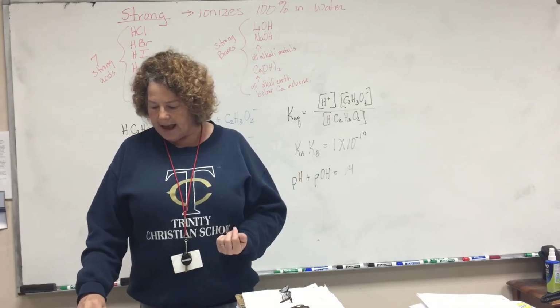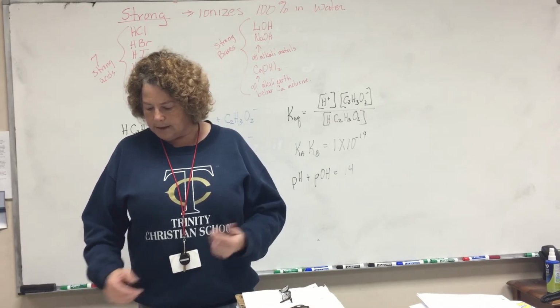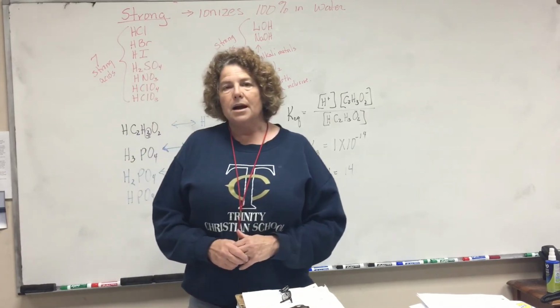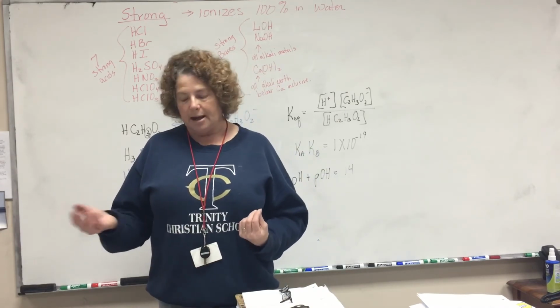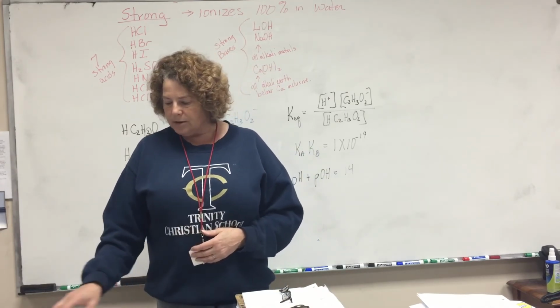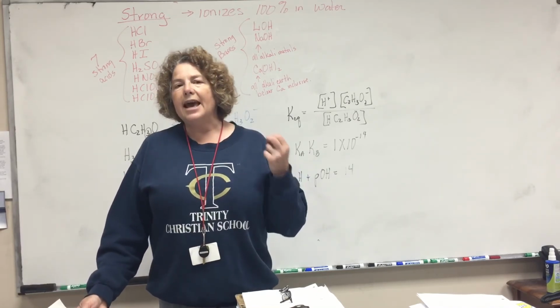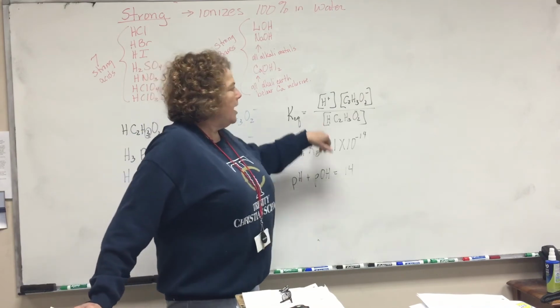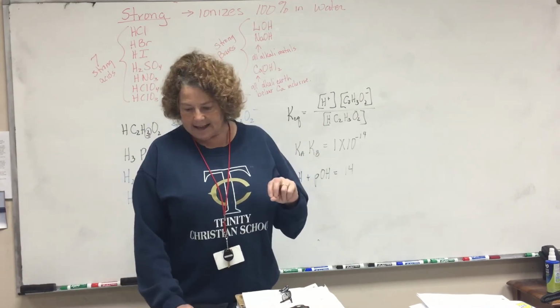Then you see the Kas, or the equilibrium constants of the other ones, and they get progressively smaller, smaller, and smaller until you get to the bases, where the Ka is so small because it's technically a base. So that's the chart you would use to determine. The bigger the Ka, the bigger the equilibrium constant of the acid, the stronger the acid is.